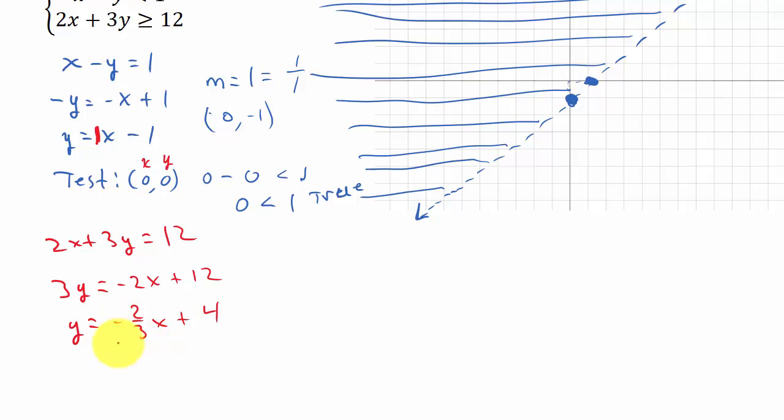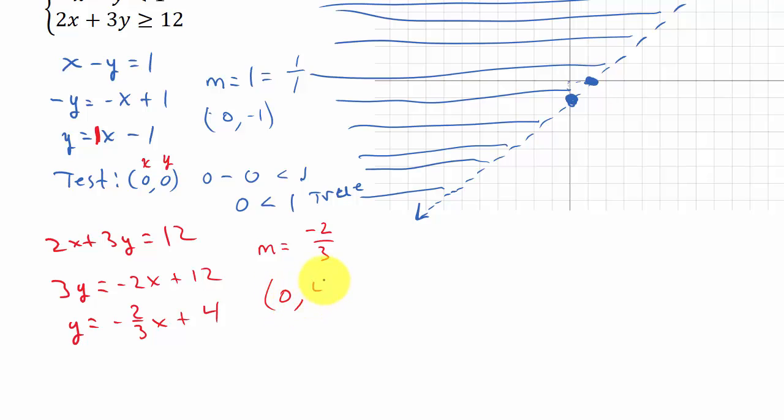So you can see here's my line, solved for y. My slope is negative 2/3, and I'm going to put the negative up here in the numerator. You can put it in the denominator if you want. I'm going to use rise over run to get my point after I plot the y-intercept.